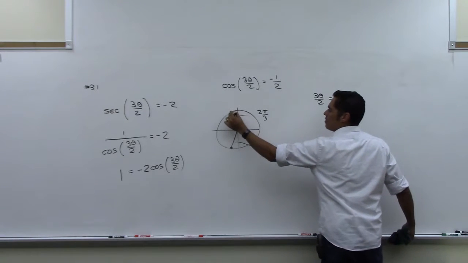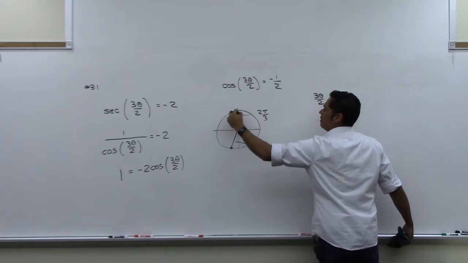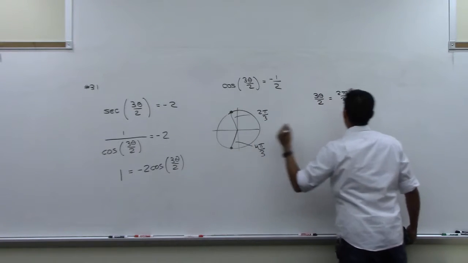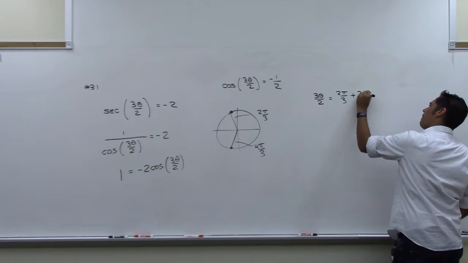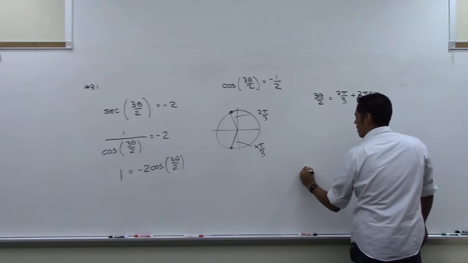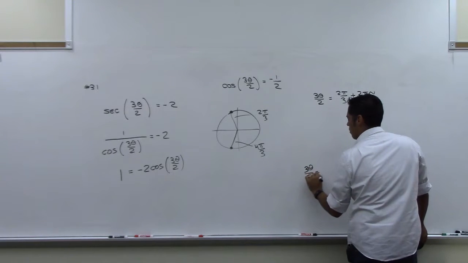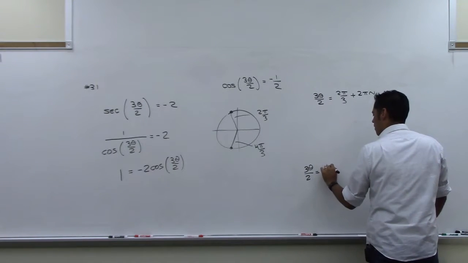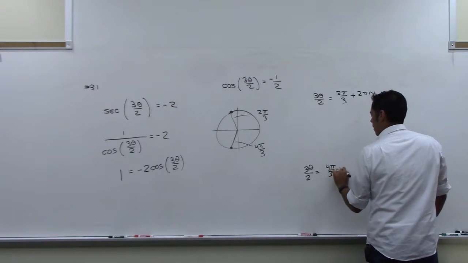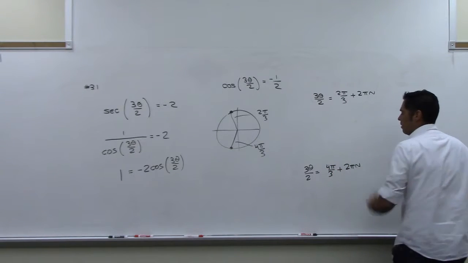That's this angle. But we can go around all the way back to it, so plus 2 pi n. And then the other thing we need is that 3 theta over 2 equals this one, 4 pi over 3, plus full rotations to get back to it.